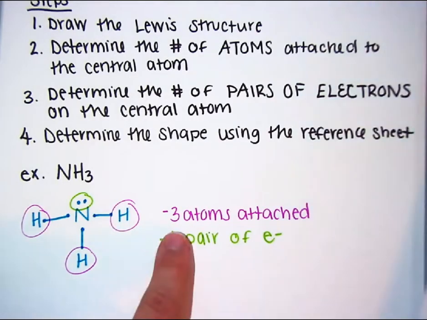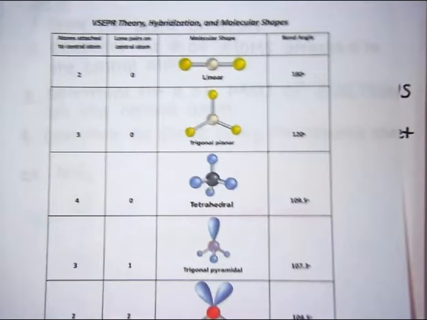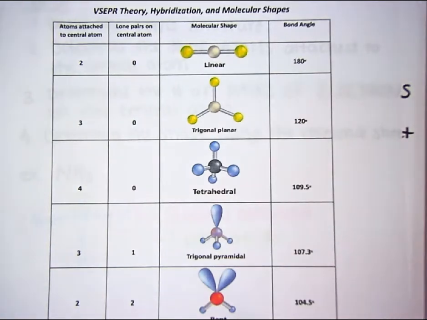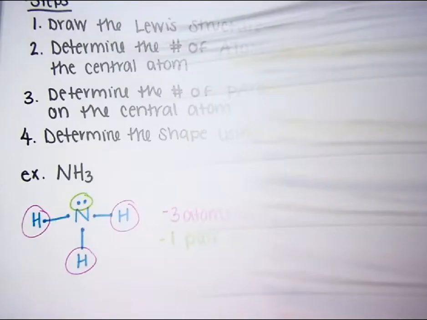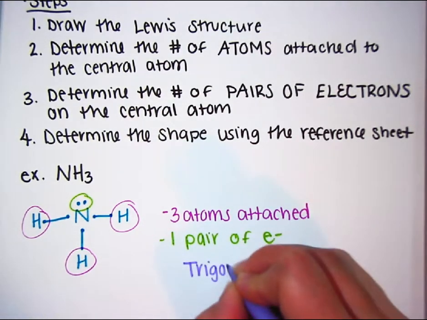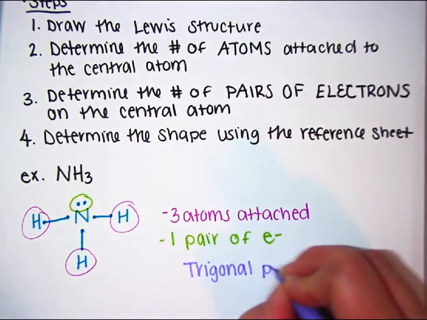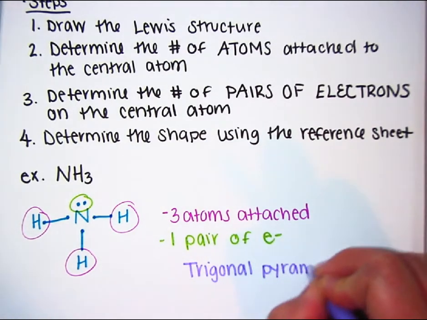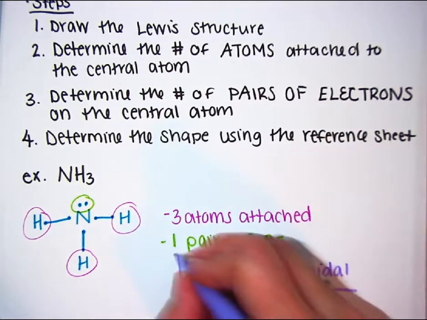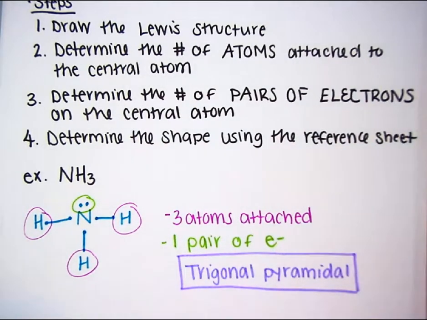So I'm looking for 3 atoms attached, 1 pair. So use your reference sheet, find 3 atoms attached, 1 pair. So 3 atoms attached, 1 electron pair, this is trigonal pyramidal. So that would be your answer. My VSEPR shape, or my molecular geometry, would be trigonal pyramidal.